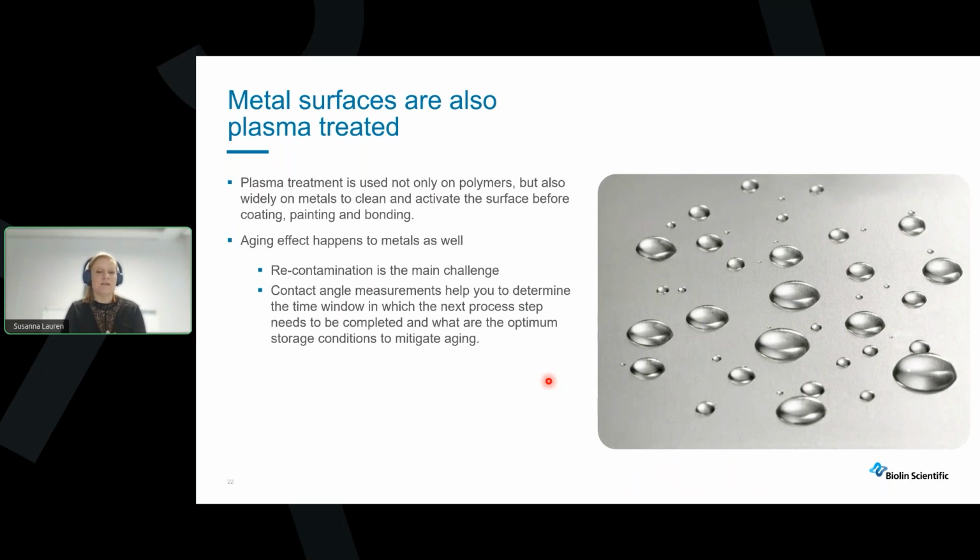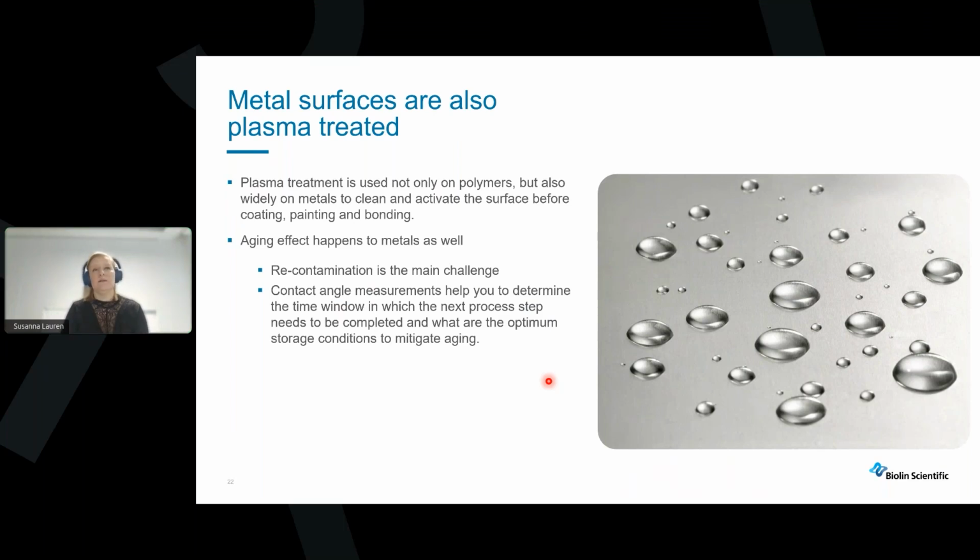So that is the reason why you can achieve a very high surface free energy by doing, let's say, some sort of a plasma treatment, but you will lose that very, very quickly. Basically, the higher the surface free energy is, the quicker you will lose it, because the surface will absorb all kinds of contamination.